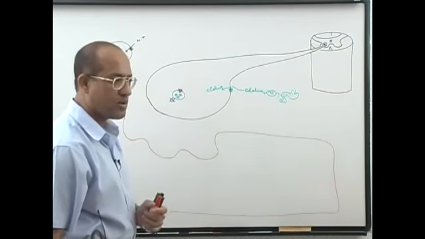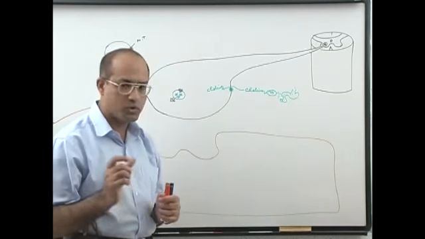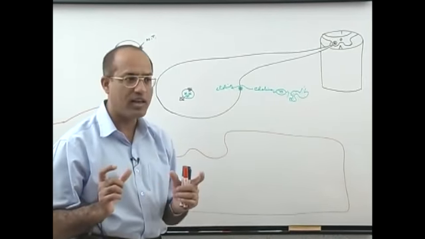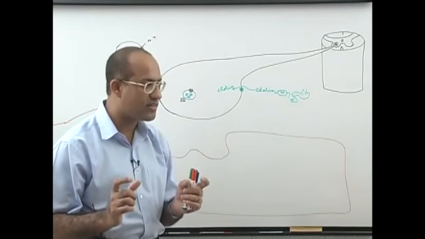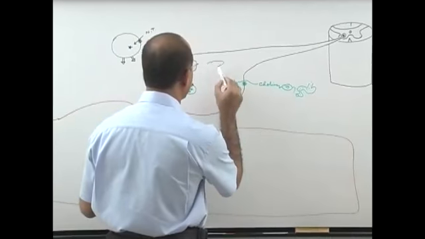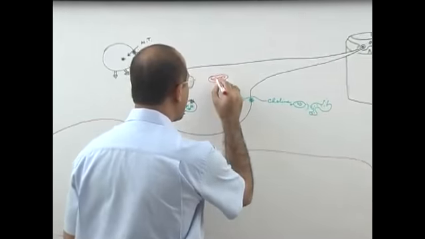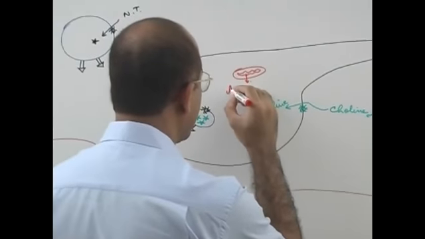So once choline comes in, to make acetylcholine we should fuse the choline with acetyl-CoA. What really happens is that there are mitochondria in the nerve ending, and mitochondria provide acetate.